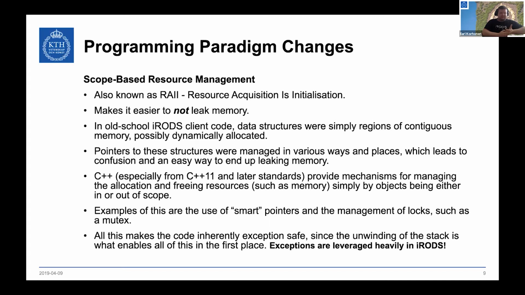That determines when the resources are allocated or freed. It's as simple as that. When the objects go out of scope, resources get freed by the destructors. And this basically means that this all becomes naturally exception safe, since all that happens is during the unwinding of the stack.